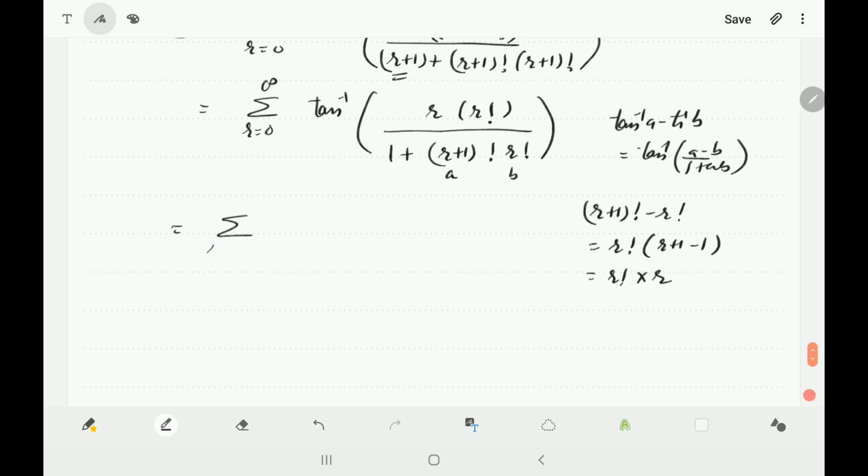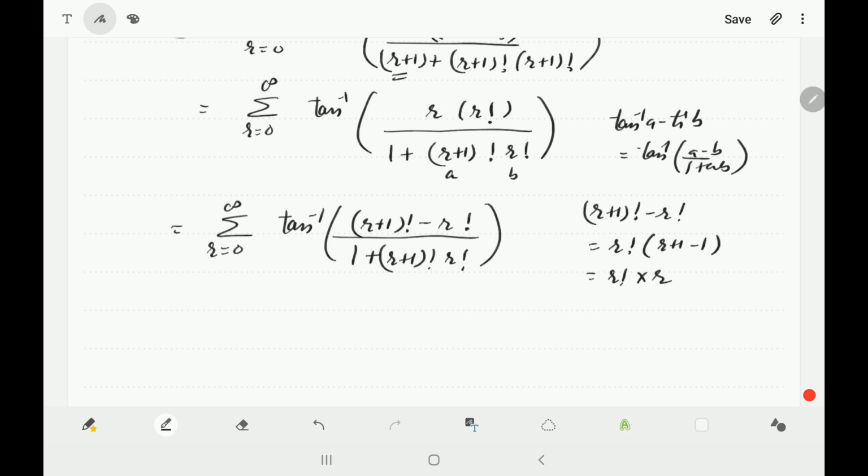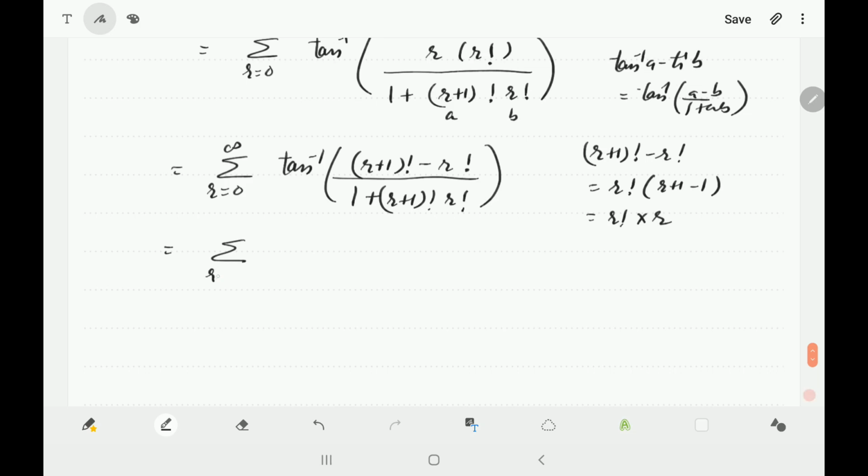So we can write this term as the sum from r equals 0 to infinity of tan inverse of r plus 1 factorial minus r factorial upon 1 plus r plus 1 factorial into r factorial. Finally we will have the sum of tan inverse of r plus 1 factorial minus tan inverse of r factorial. I hope it is clear. So it is now a Vn method. If this is f of r, this is f of r plus 1.